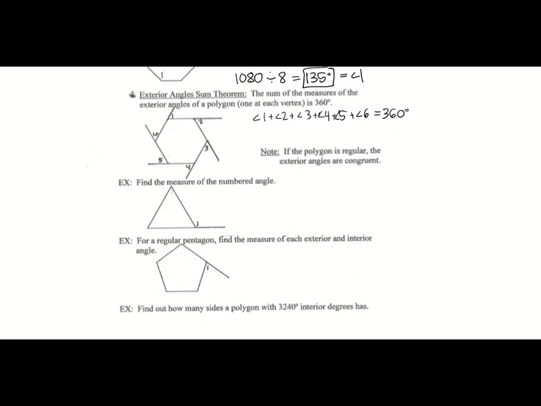And it's also important to remember that if our polygon is regular, that means all the sides are the same, then our exterior angles are all going to be congruent as well. If our interior angles are all the same, our exterior angles are all the same.